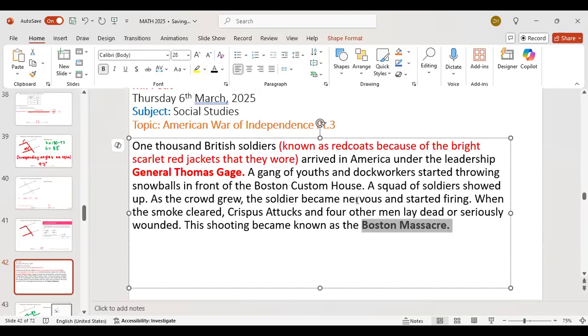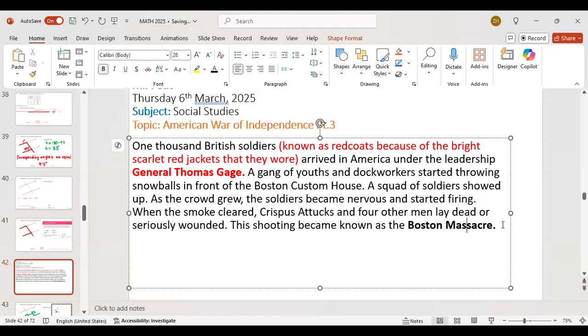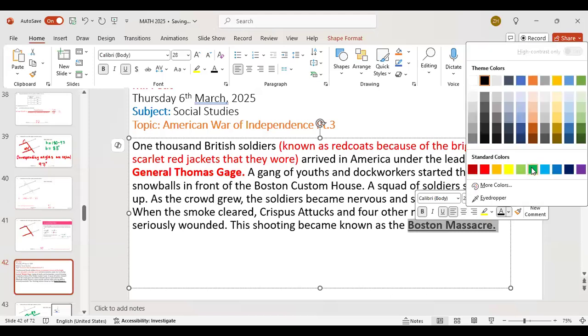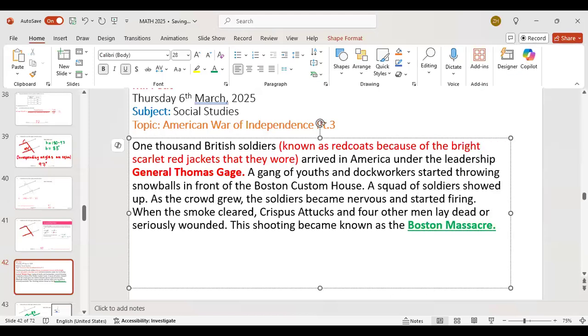A bunch of them were shooting. Remember, as the crowd grew, the soldiers became nervous. So the Boston Massacre is basically when some British soldiers killed some Americans.